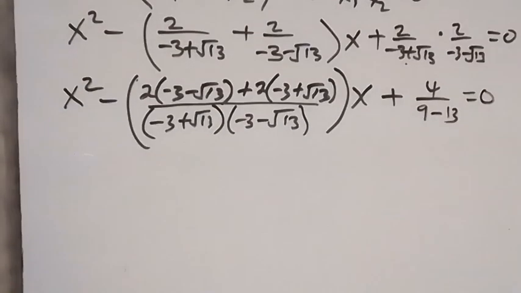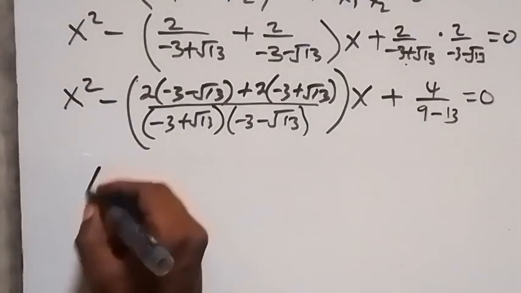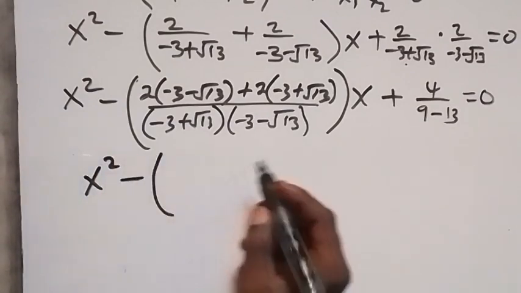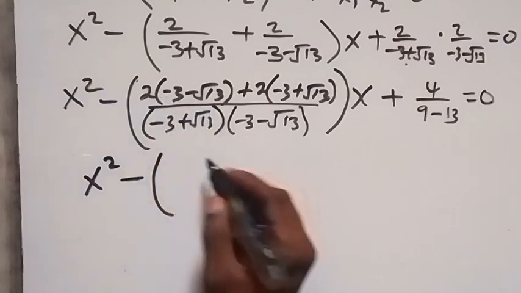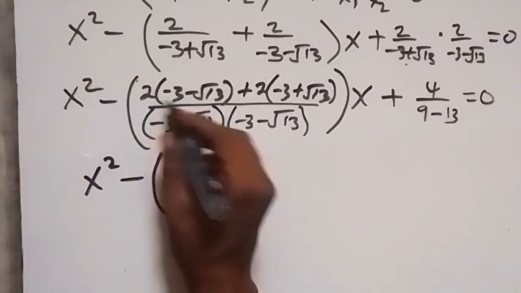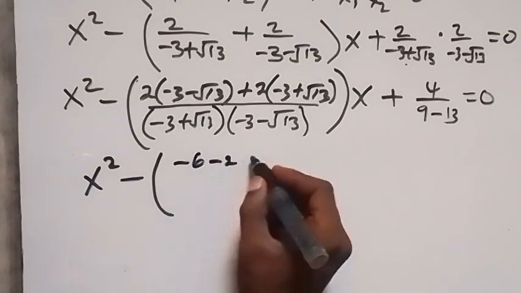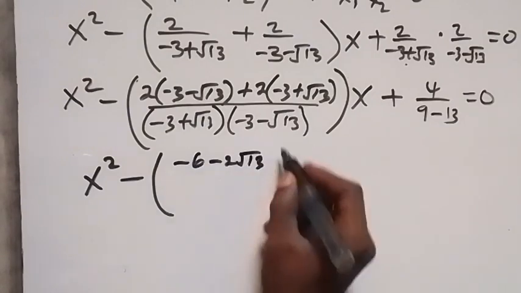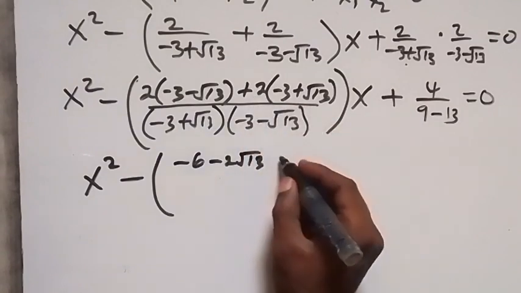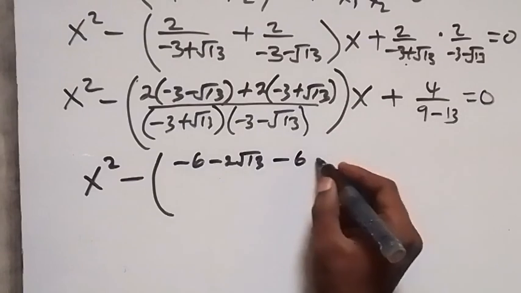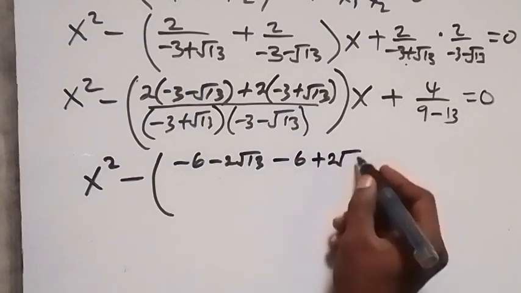Then from here, this will reduce to x squared. Here as well, we have minus into bracket. 2 can open this bracket up here. We have 2 times minus 3, that's minus 6. Then minus 2 root 13. Also, to open this bracket, we have also minus 6. Then plus 2 root 13.